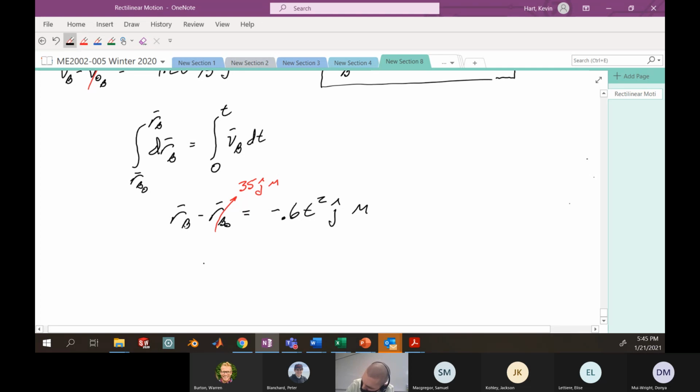That means my position vector of B as a function of time is negative 0.6t squared minus 35 j hat meters.